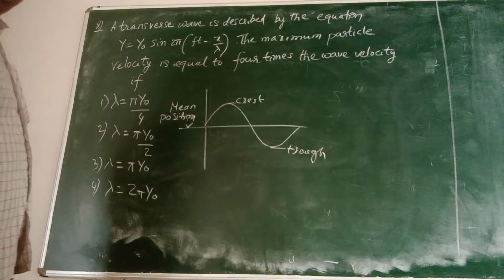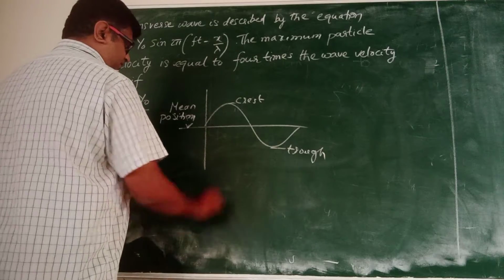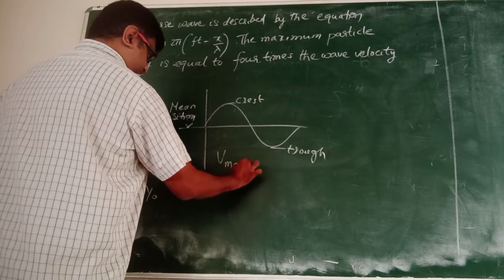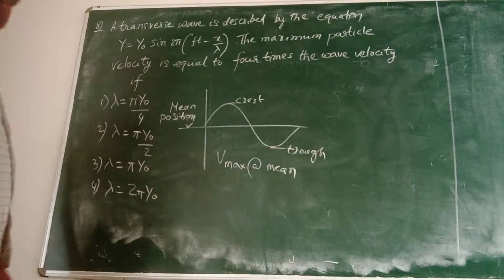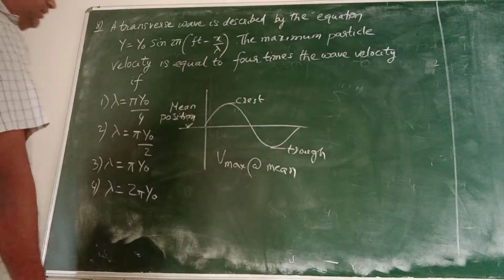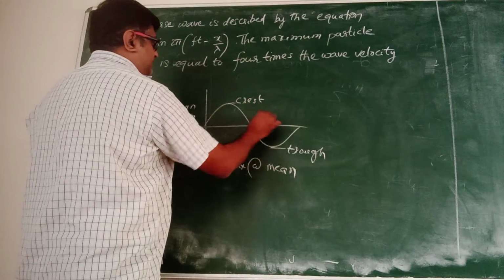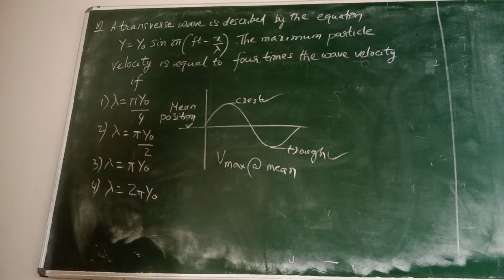Where is the wave velocity maximum? The velocity is maximum at the mean position, Vmax. Remember that pendulum analogy. At mean position, the velocity is maximum. Okay. Where is the acceleration maximum? At crest or trough.